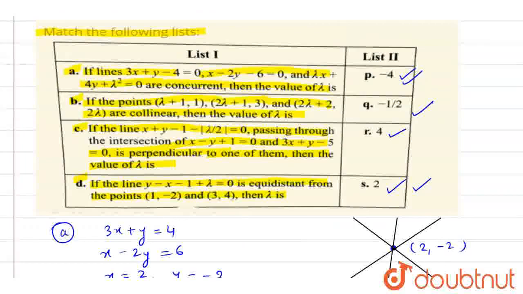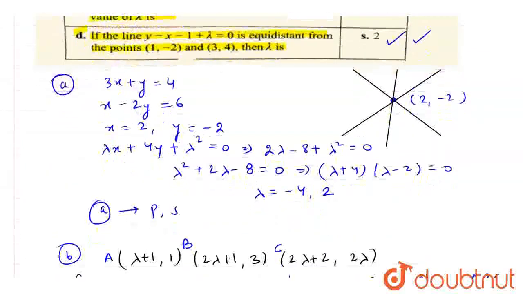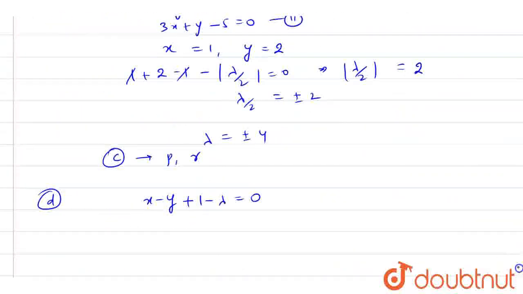Now this line is equidistant from the points 1 comma minus 2 and 3 comma 4.